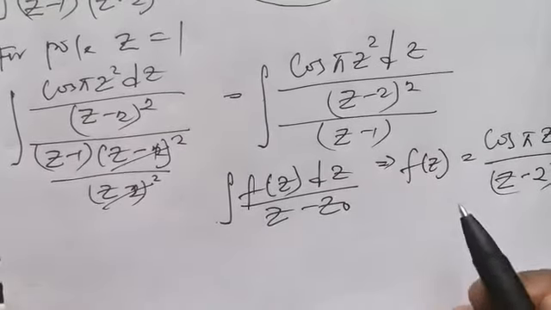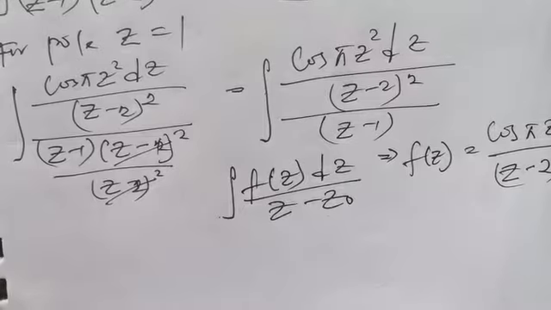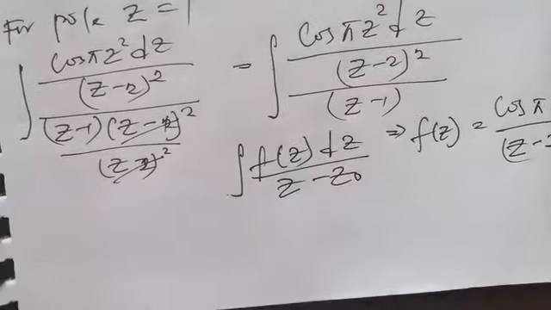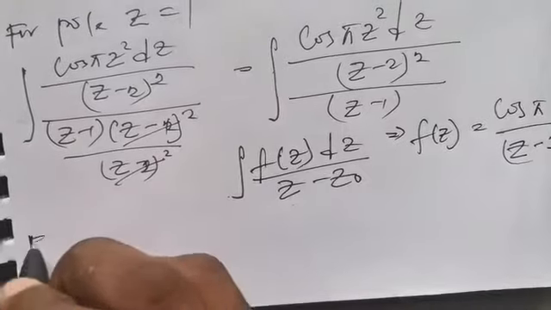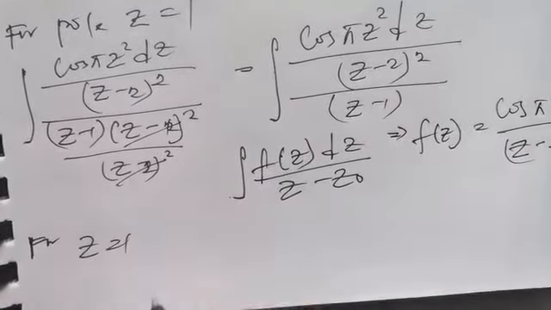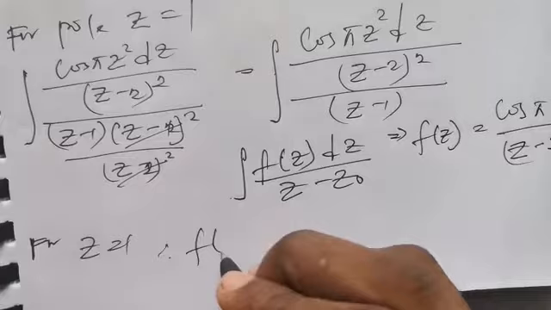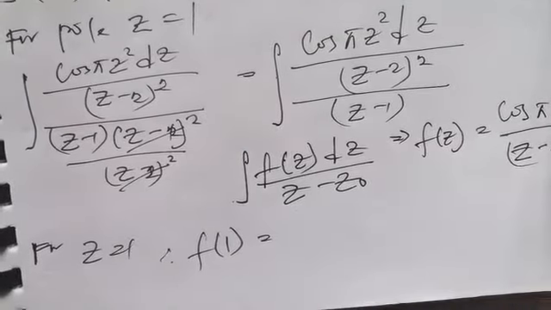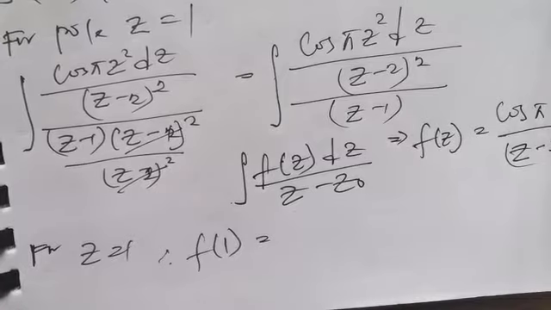Now you find the function at the pole. Remember, we are considering the pole when z is equal to 1. So for z equals 1, you find f(1). That means putting the value of z as 1 into this function anywhere you find z.